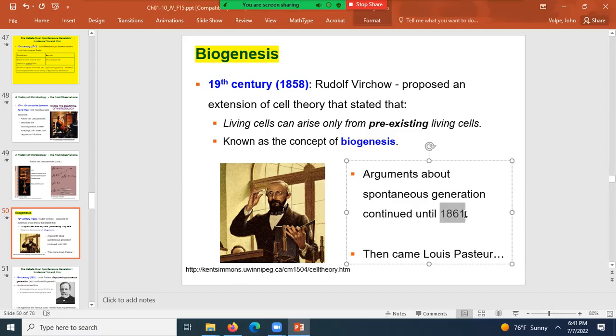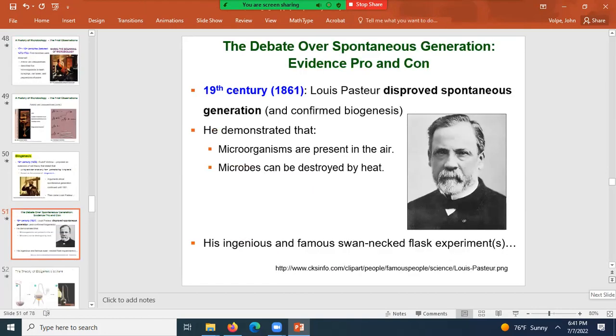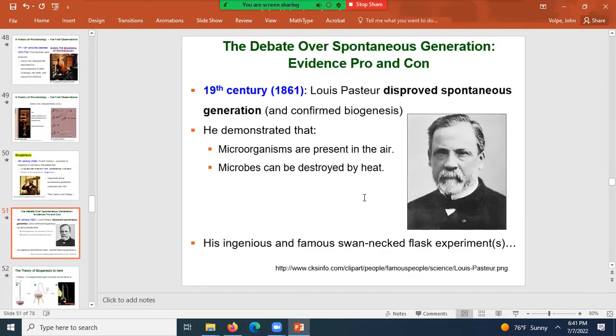Once again, you don't need to know the year, but it was settled by Louis Pasteur, who disproved the theory of spontaneous generation and thereby confirmed the theory of biogenesis, that all living cells come from pre-existing cells. Louis Pasteur did a number of things to disprove that spontaneous generation happens.